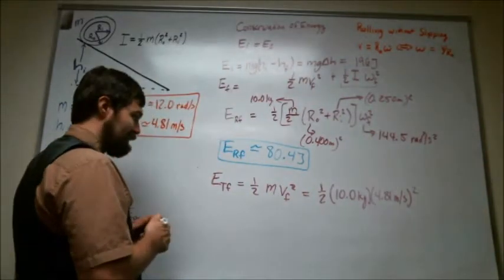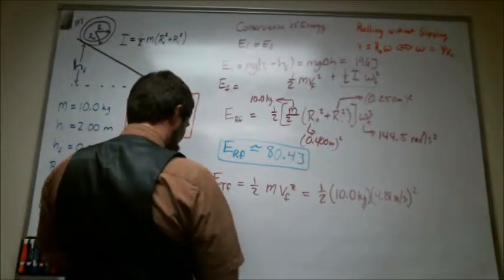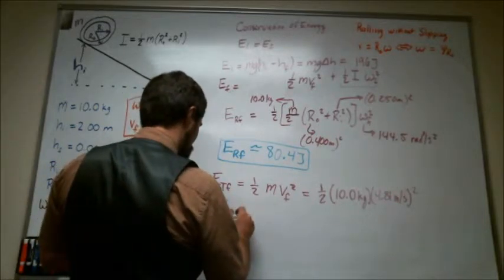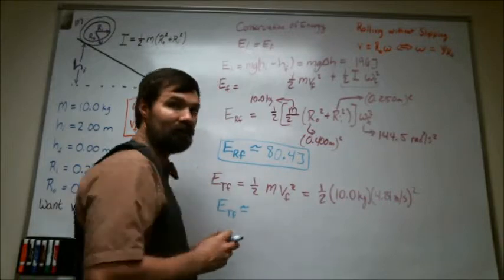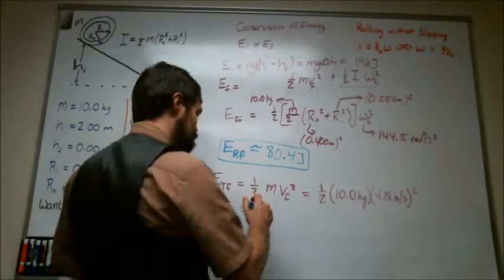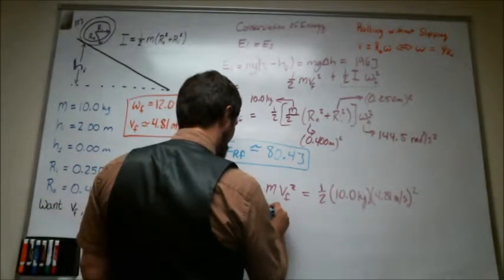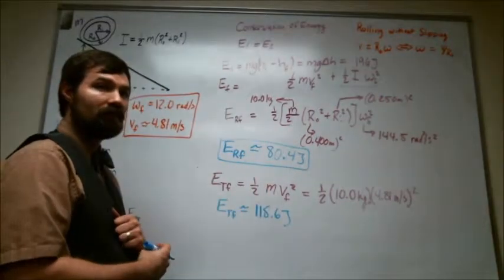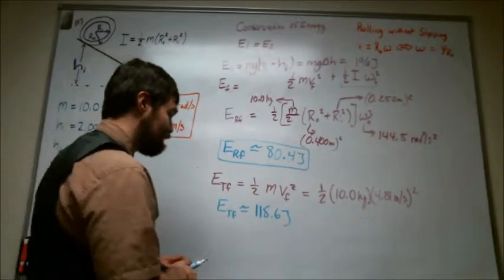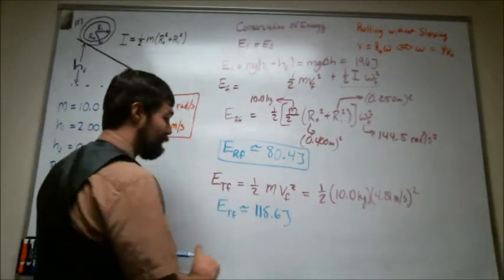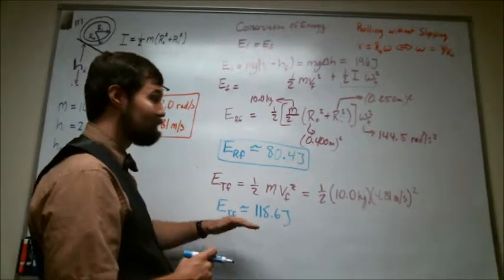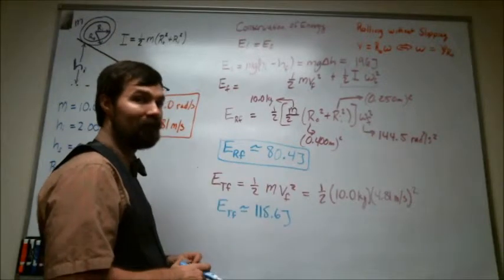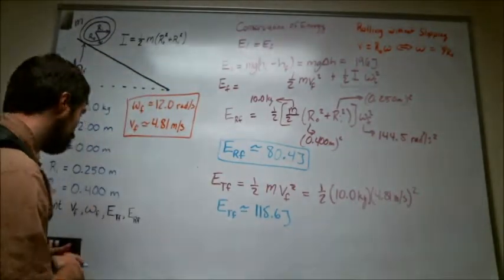So plug those guys in and you get a final translational kinetic energy, ET final, of 115.6 joules. And actually we need it to be in 3 significant figures, but I'm writing it to 4 because I wanted to highlight that 115.6 plus 80.4 is 196.